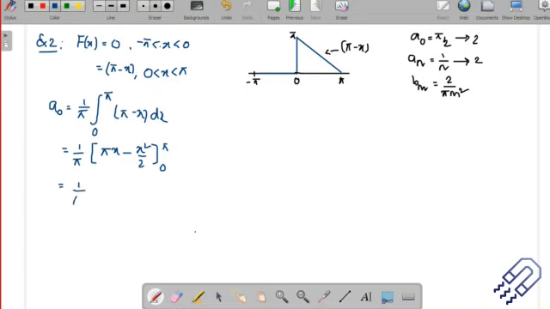The lower limit is 0, forget about it. So this is pi times pi minus pi square by 2, so it is 1 by pi into pi square by 2. So this gets cancelled, so it is pi by 2. That's my a0.